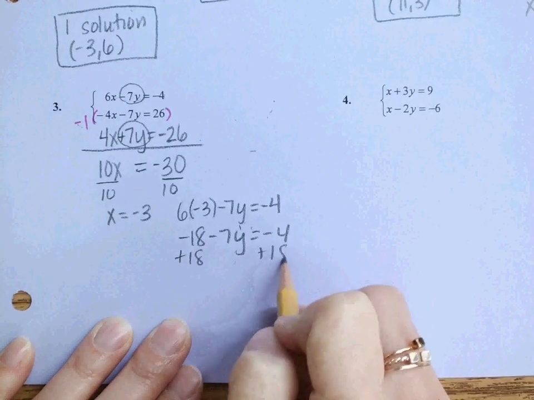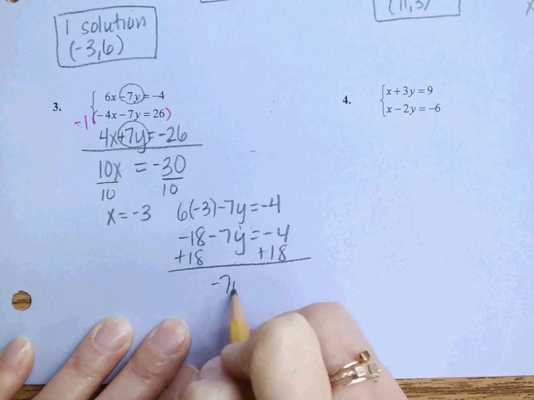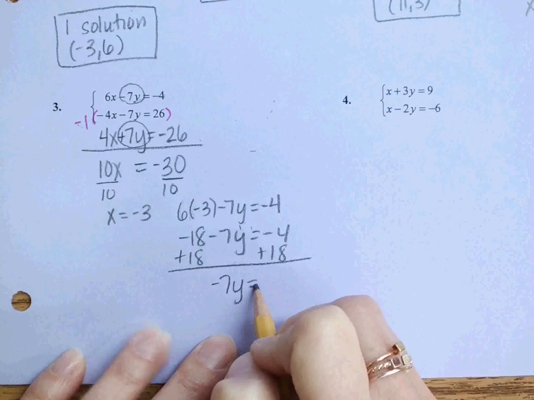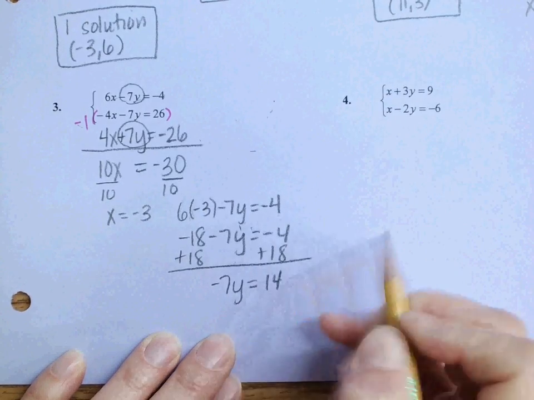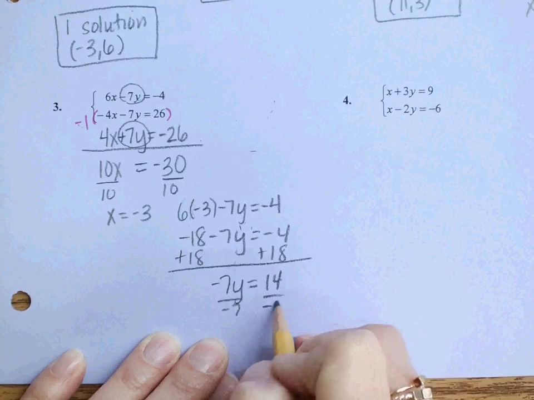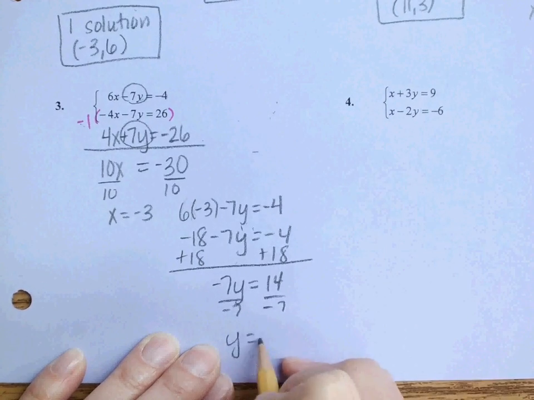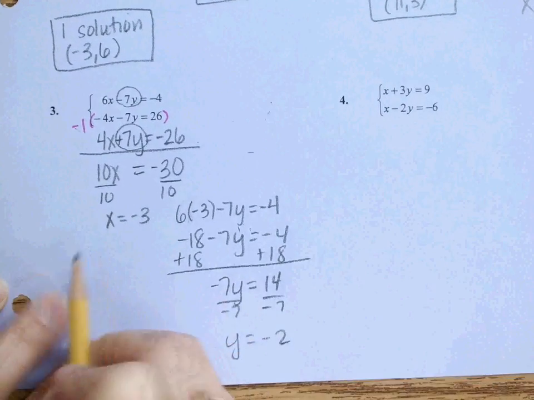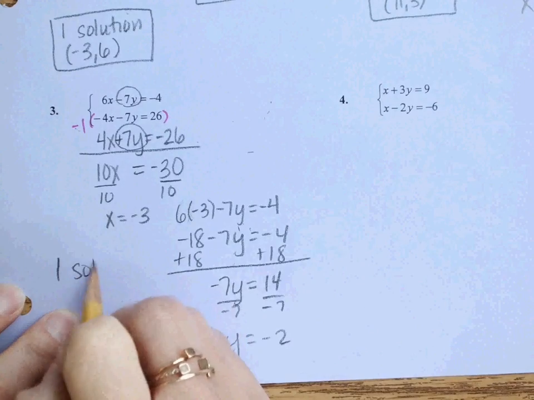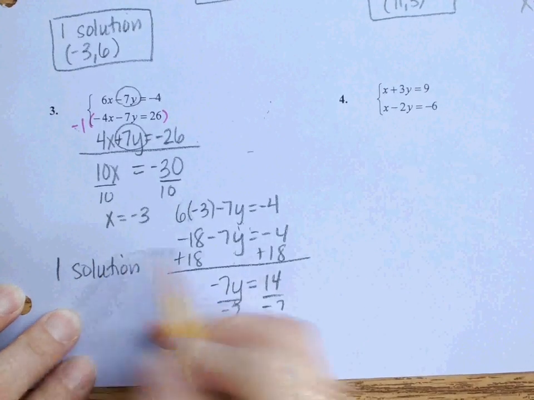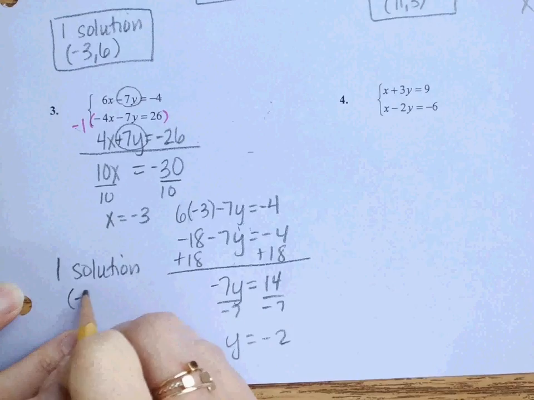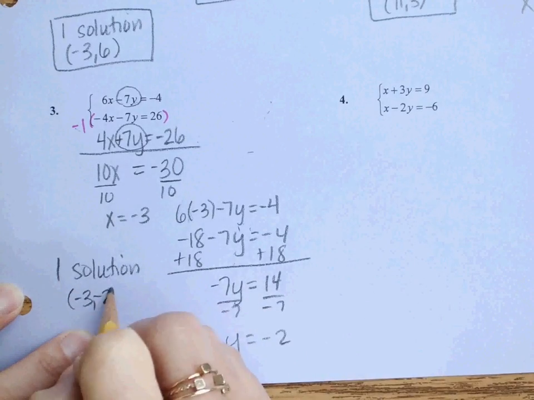Add 18 to both sides. -7y is now equal to 14. Divide both sides by -7. Y is equal to -2. So again, I have one solution with the ordered pair -3, -2.